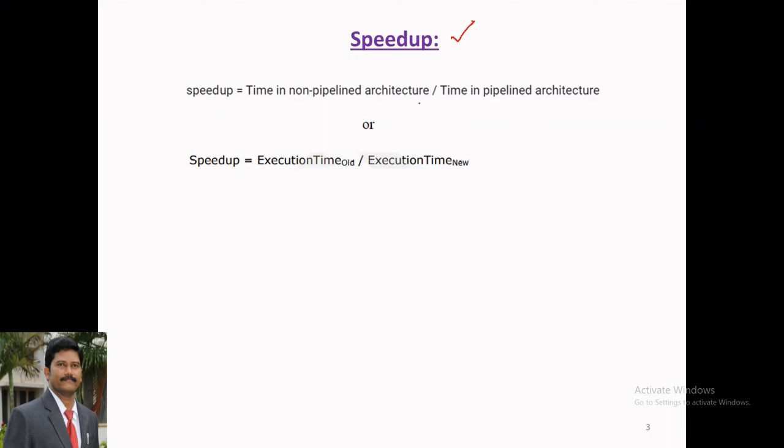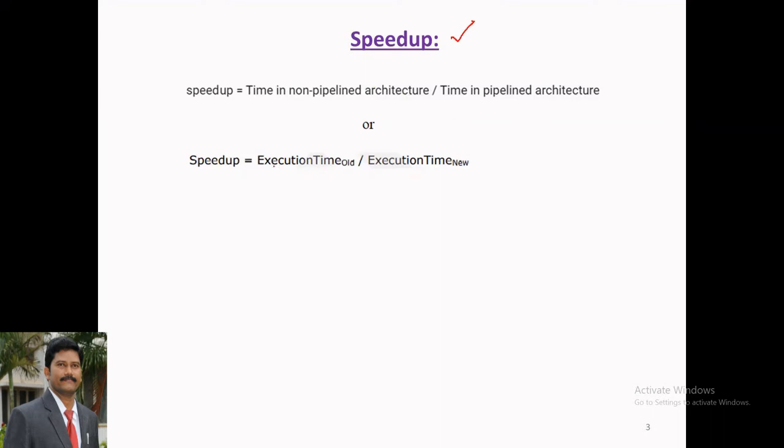This is the only formula for speed up. First we need to calculate the time in non-pipeline architecture, then divide by the time in pipeline architecture. That gives you speed up.